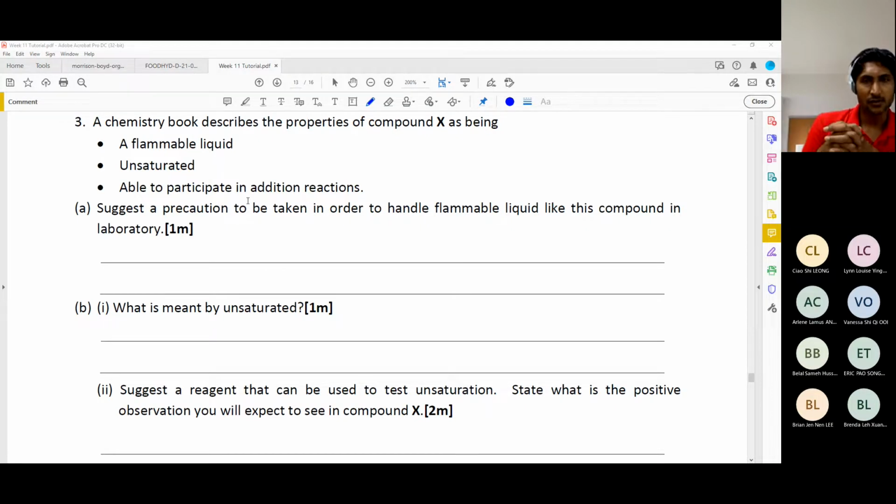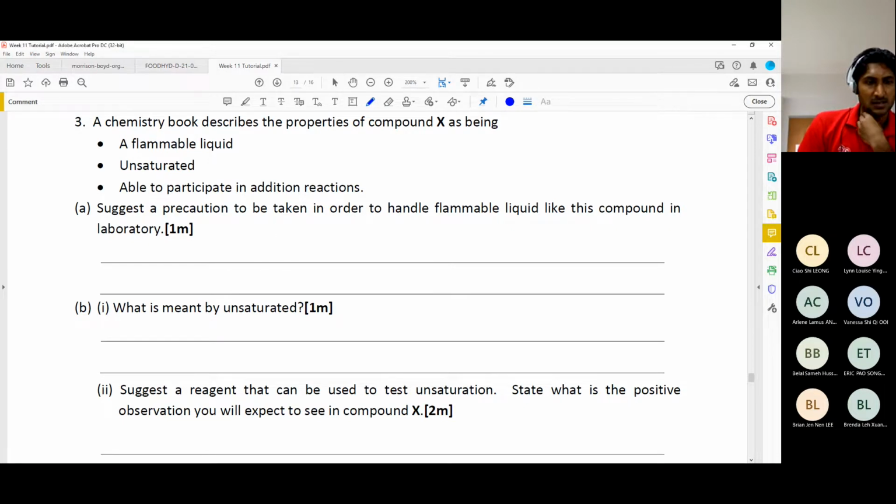Very flammable, volatile liquid. We should keep it away from ignition sources, or we should not be working near heat or flame. We should perform the test away from there so that we don't get burned. And unsaturation means a carbon-carbon double bond or triple bond between them.